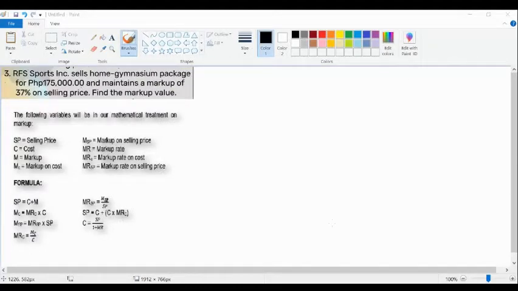Example number 3. RFS Sports Incorporation sells a home gymnasium package for 175,000 pesos and maintains a markup of 37% on selling price. So we're going to find the markup value. So based on this question, we have the following given. We have the selling price of the home gymnasium package, that is 175,000 pesos.